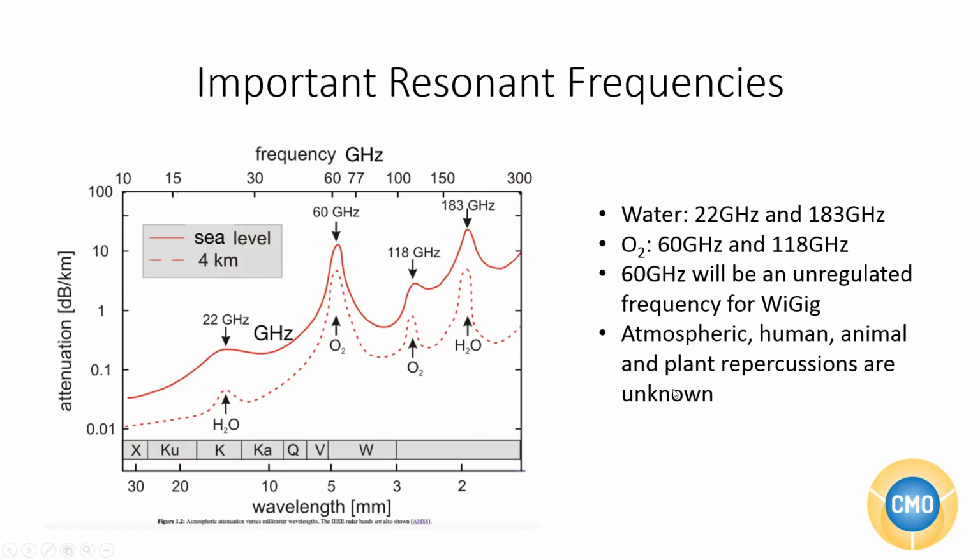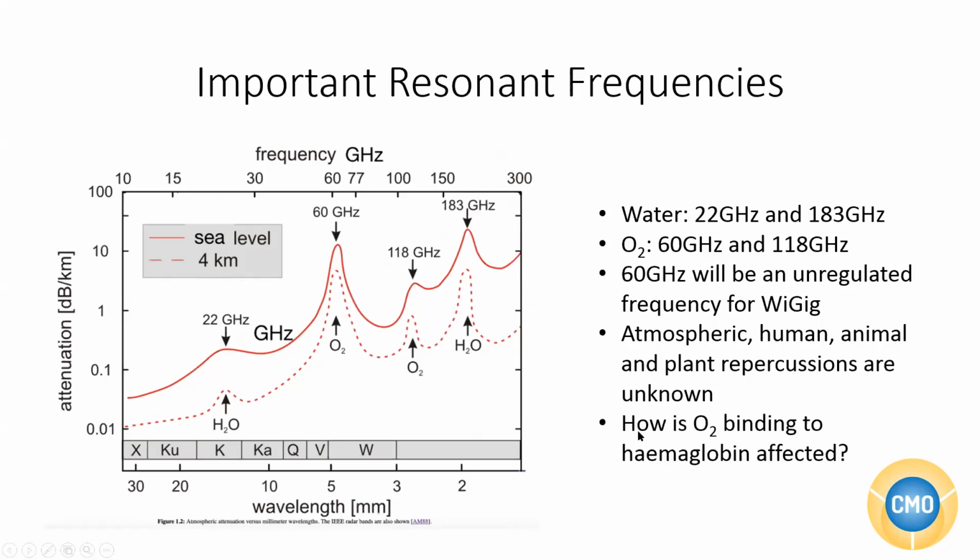And no testing has been done to understand what repercussions there might be for having such high levels of 60 gigahertz microwave radiation in the atmosphere, because being unregulated, it doesn't need a license. So anybody who wants to use frequency telecommunications without having to pay for a license will of course be forced to use the 60 gigahertz frequency.